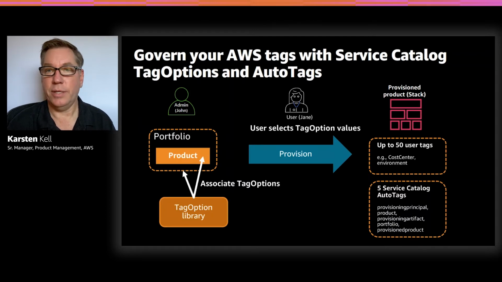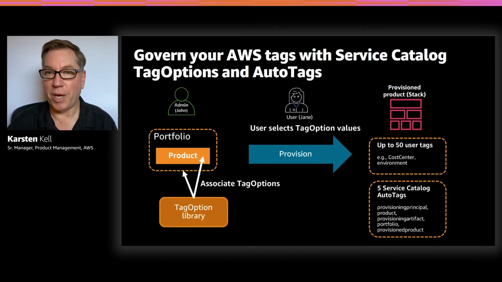And so these are tags that just appear on the Service Catalog provisioned product and any of the downstream resources that are provisioned. And you can key off of those for operational actions, for example. It turns out it's very useful to have that set of tags and to know basically the genealogy of where this resource came from on AWS as it was provisioned by Service Catalog.